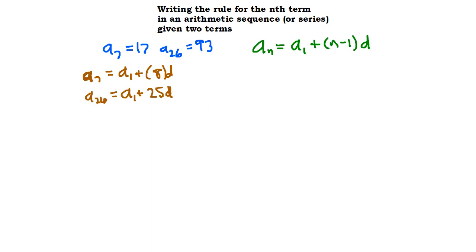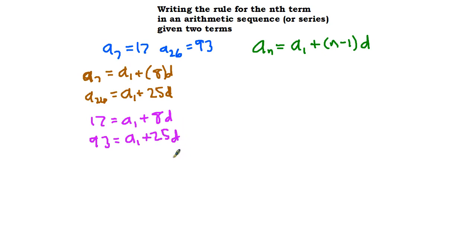So instead of a sub 7, it'll be 17 equals a sub 1 plus 8d. And then 93 equals a sub 1 plus 25d.